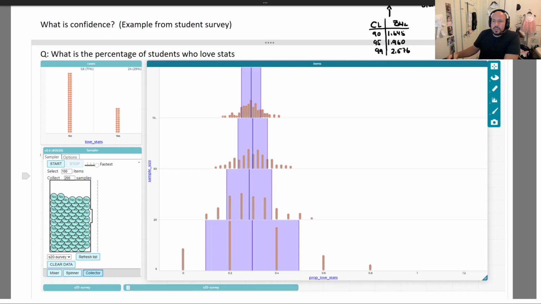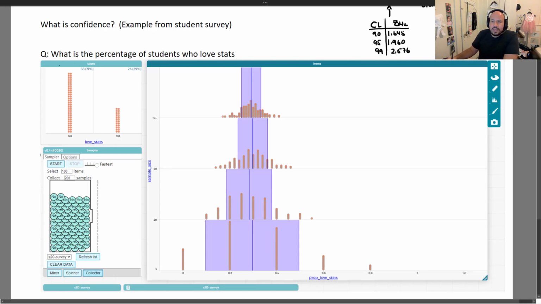If you remember the example that we had here, we cheated a little bit, and we said that we had this population. Generally populations are so large that we don't know everything about them, but we used our student survey basically as a population to sample from.